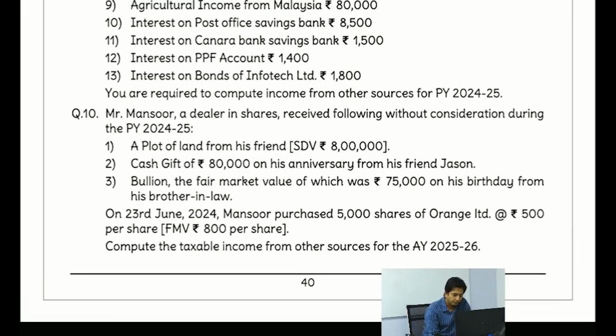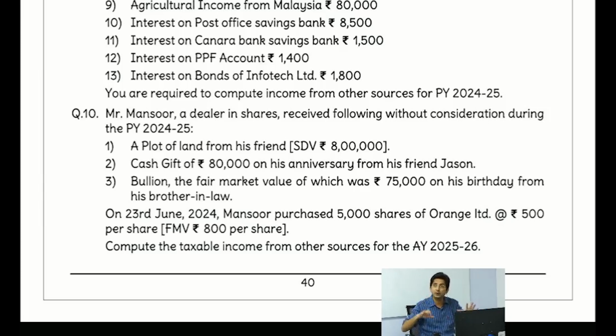Then bullion. Bullion means movable property. Check that it should not be jewellery. Jewellery means every item of gold, silver, necklace, ornaments, stones, everything. Bullion is gold. What do you mean by bullion? I explained today: gold bars, bricks, biscuits.